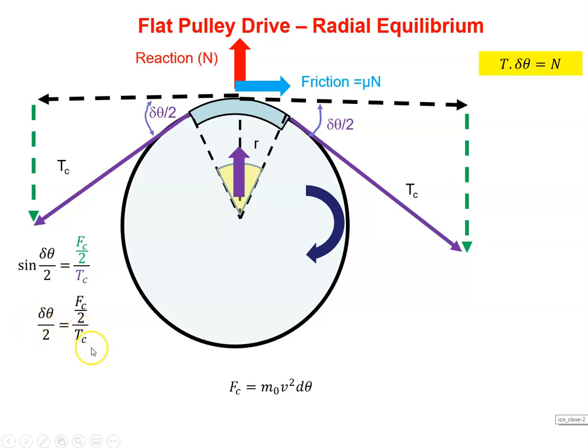I can bring the Tc up, and then I can multiply both sides by 2, and the 2's will cancel, and I get an expression for the centrifugal force. But I already had an expression for the centrifugal force, so then Tc times d theta must be equal to m0 v squared times d theta.